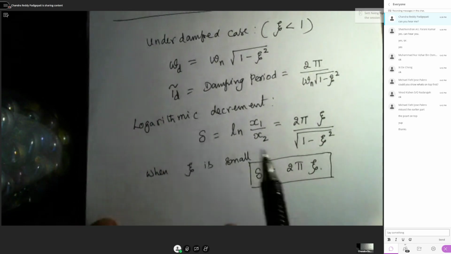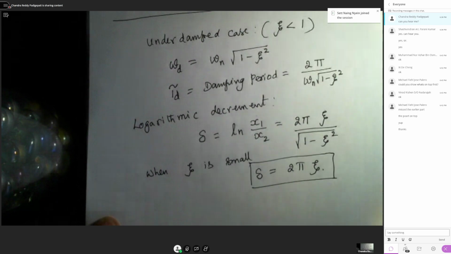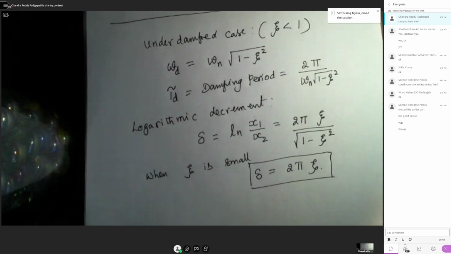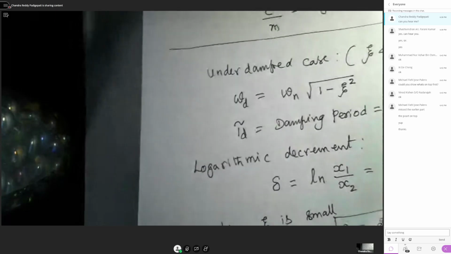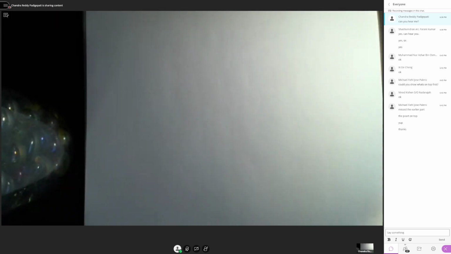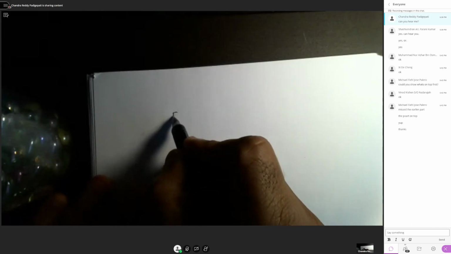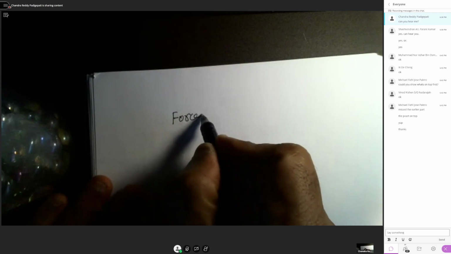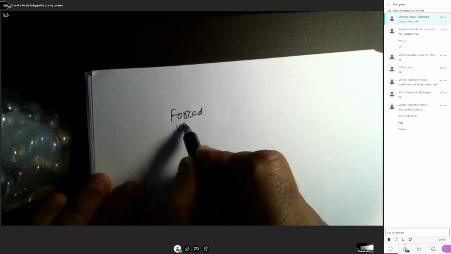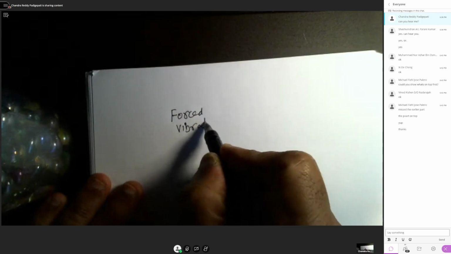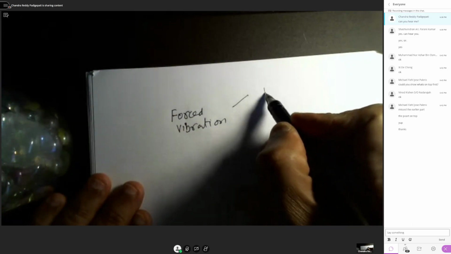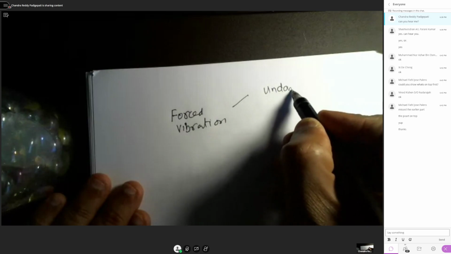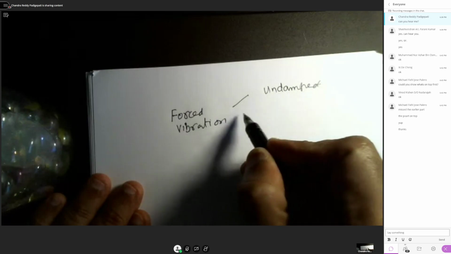So after free damp-free vibration, now we can have forced vibrations. When we study forced vibration, that means we are dealing with external forces. Again, we can study the forced vibration as undamped, that means without a damper.